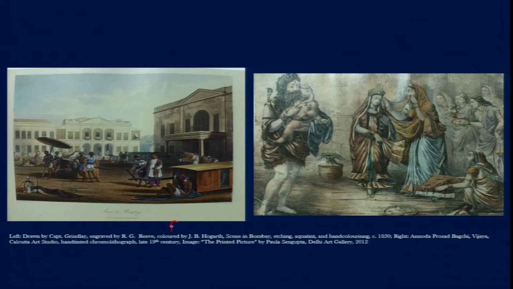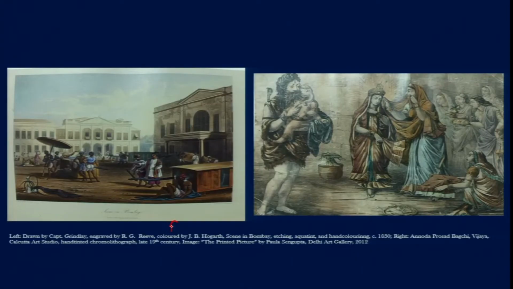In etching we have already discussed what kind of technique it requires for making the etching prints. And then for aquatint, there is a little more technique involved. Aquatint is basically a process in which resin is melted on top of the etching plate, and that is how small pores are created.